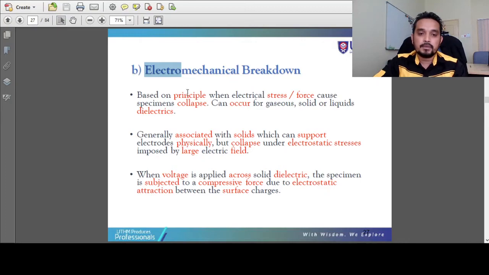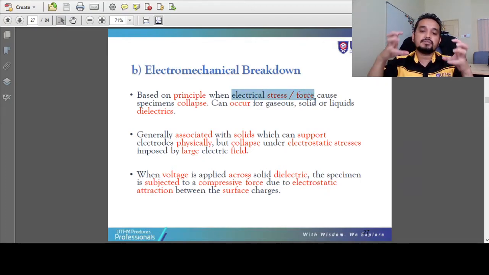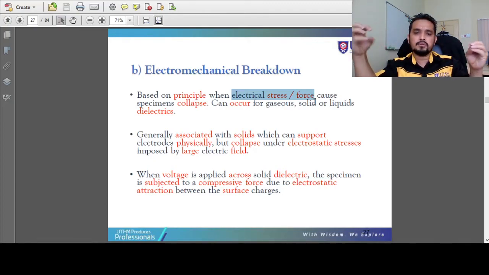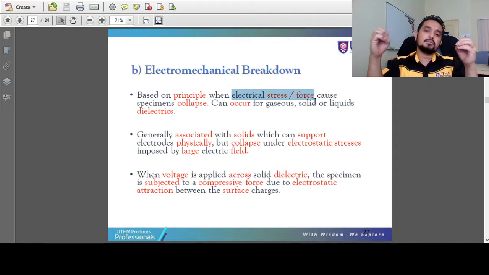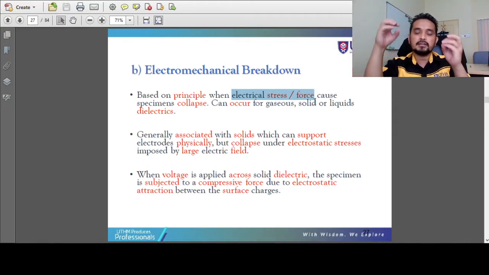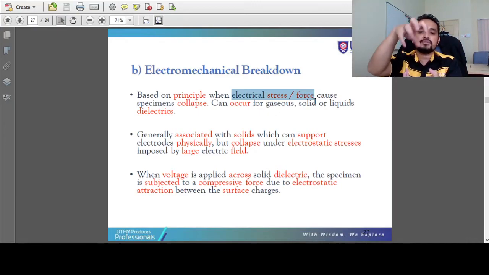For example, under electrical stress conditions, like a magnet will pull, or if we put the same pole of the magnet, it will push away. Similar to this, under a certain electric stress condition, there will be an induced force.